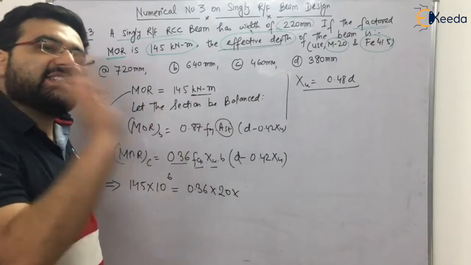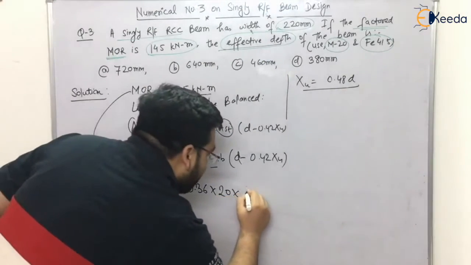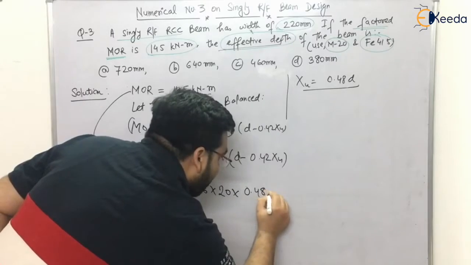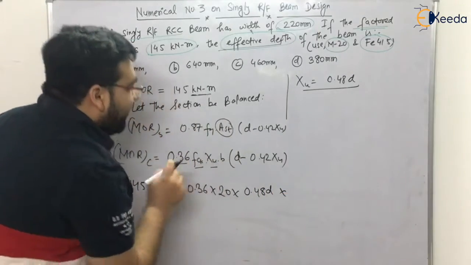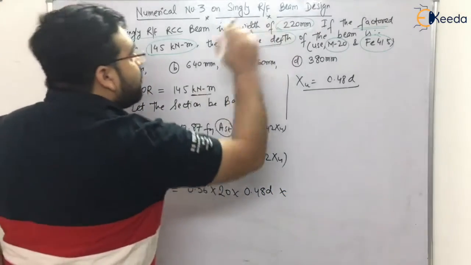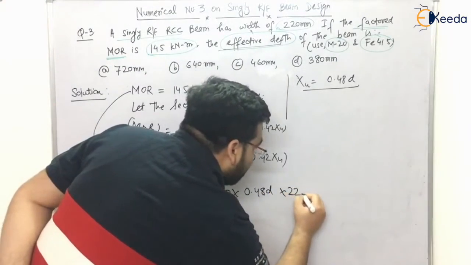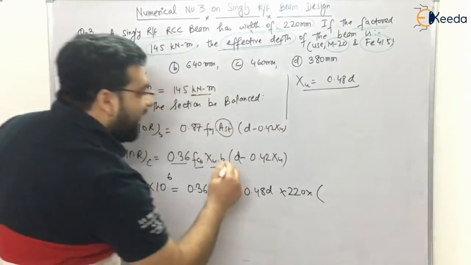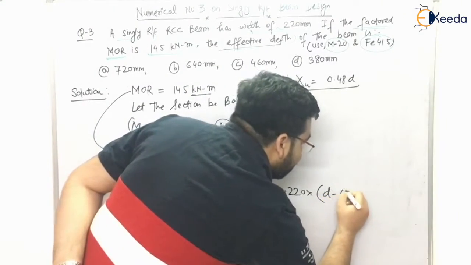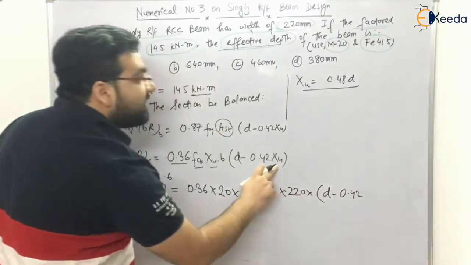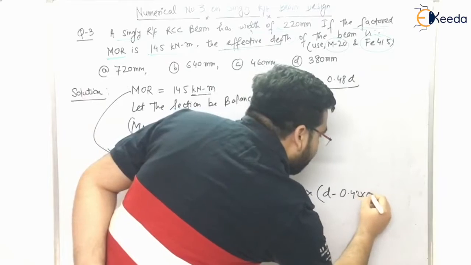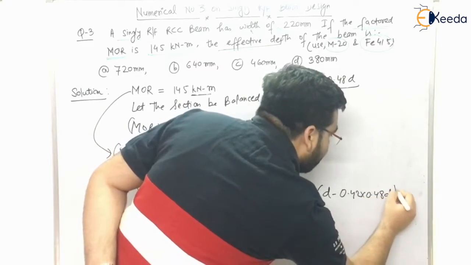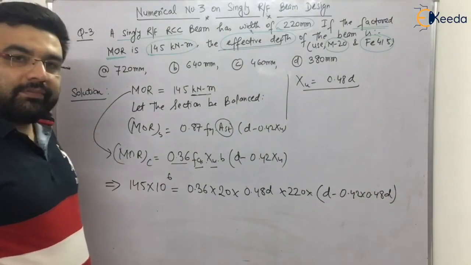So let us take it as d only, into 0.48 d into b. The width of the beam is 220, into 220, into, in bracket, d minus 0.42, and Xu is the same, 0.48 d.